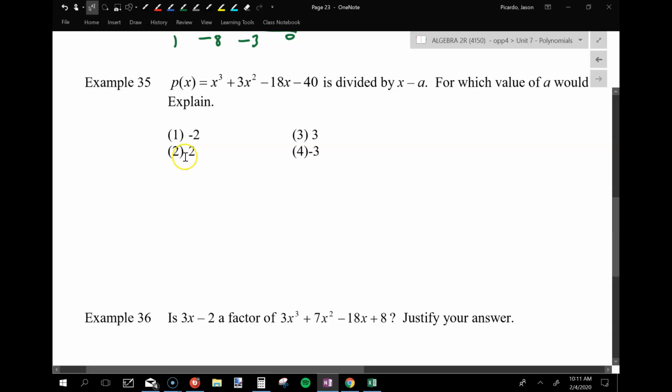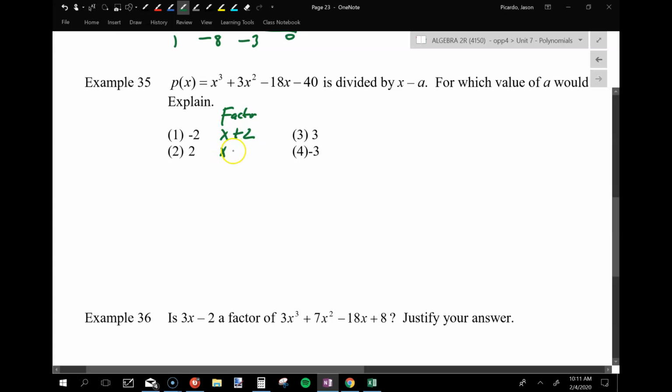These are values of A, correct? What does this say? I want to know values of x minus A that work. So if A was -2, what would this actually say? Yeah, it would say x plus 2 because the negative minus the A would make two negatives, right? So this would be a factor of x plus 2.